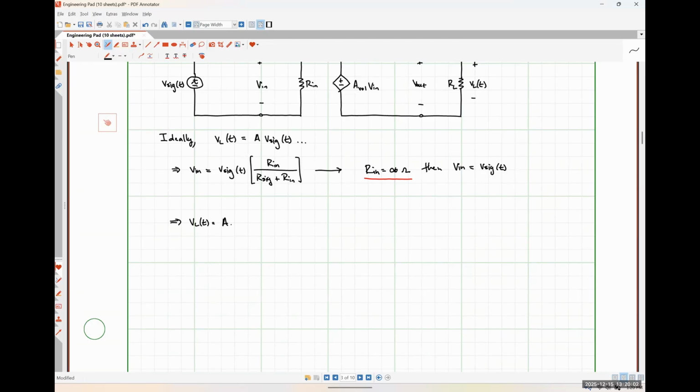So we'll have our voltage gain times V sig times another voltage divider relationship, where this is going to be RL over R out plus RL. Okay.